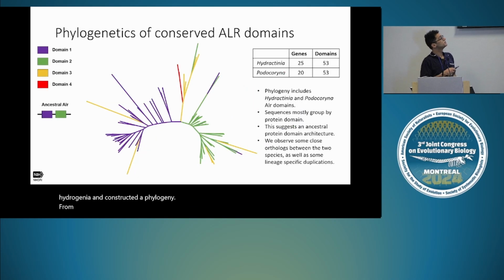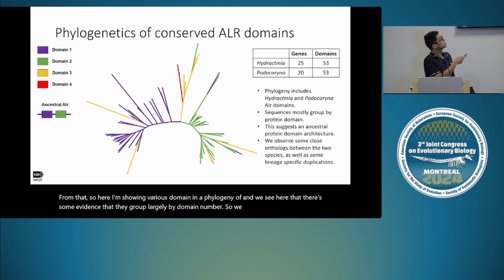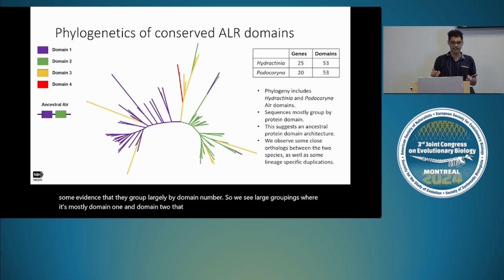So here I'm showing various domains in a phylogeny, and we see here that there's some evidence that they group largely by domain number. We see large groupings where it's mostly domain 1 and domain 2. That could suggest an ancestral allorecognition domain architecture, and that later domains could have arisen in more lineage-specific duplication events.